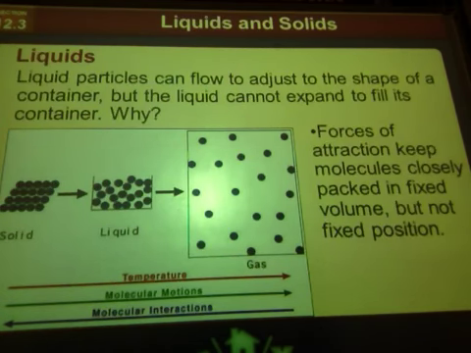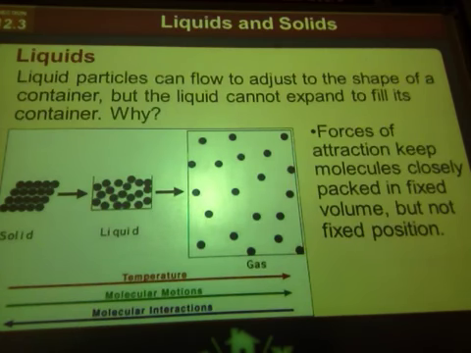Now, liquid particles can flow to adjust to the shape of a container, but the liquid cannot expand to fill its container. Why can't a liquid expand to fill a container? The biggest answer is that forces of attraction are keeping these molecules in a liquid very close together in more of a fixed position.